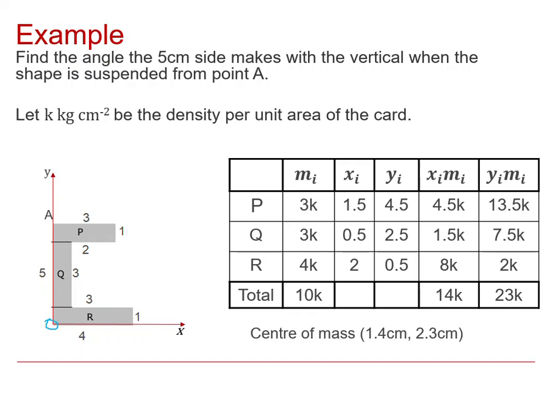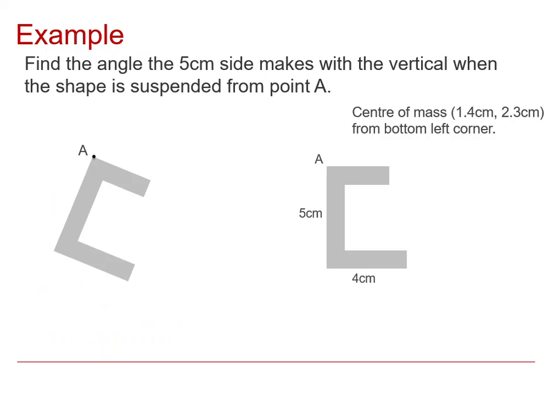Right, well now that enables us to work out that angle. Let's look at how that is going to work out. We suspend it so that the centre of mass is vertically below A, and we get an angle. So if we imagine that over here, we now know that we have the appropriate dimensions. We've got the 1.4 from the left, and it's 2.3 up, so this distance will be 2.7.